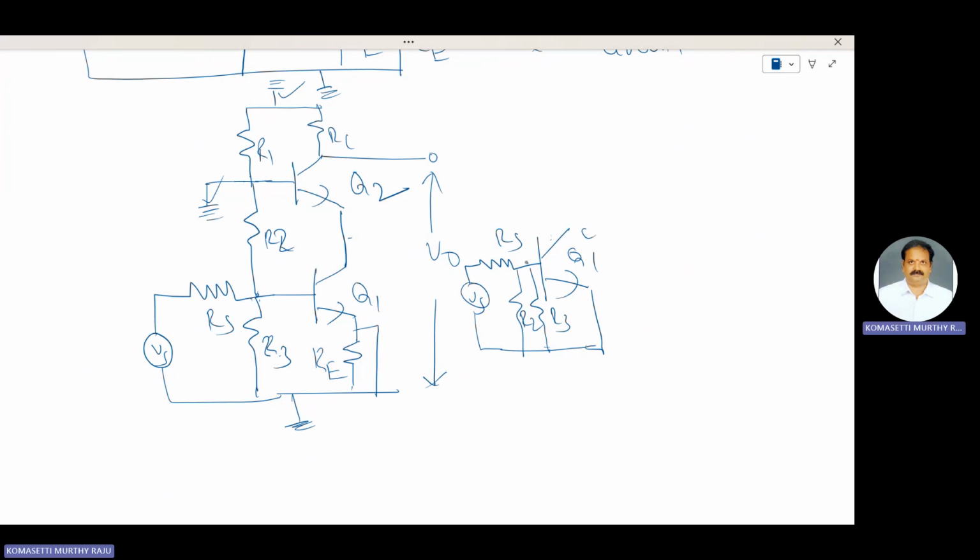This is the collector. This is the base, C1, B1, E1. This one is the emitter. Emitter configuration.